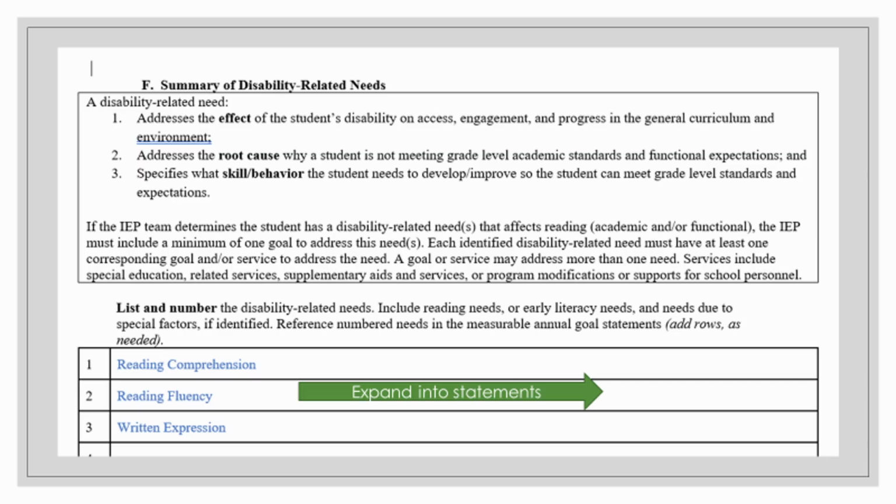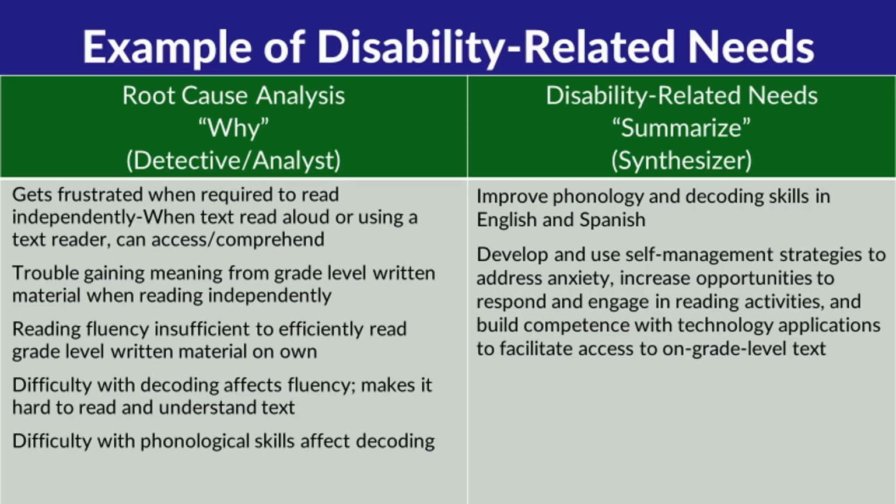So here we have the summary of disability-related needs showing the areas of priority for Maria as reading comprehension, reading fluency, and written expression. These areas can be expanded into statements that further elaborate and summarize the disability-related needs.